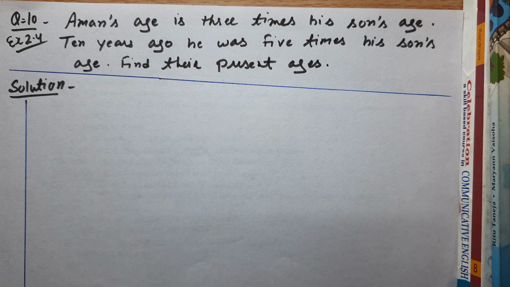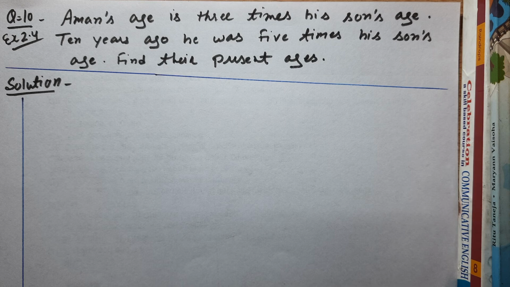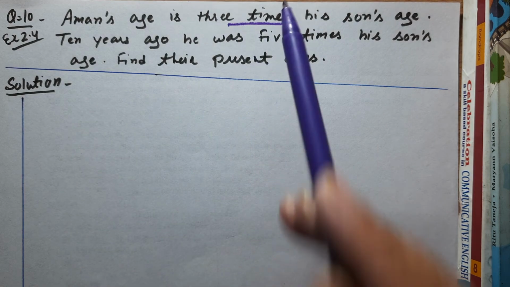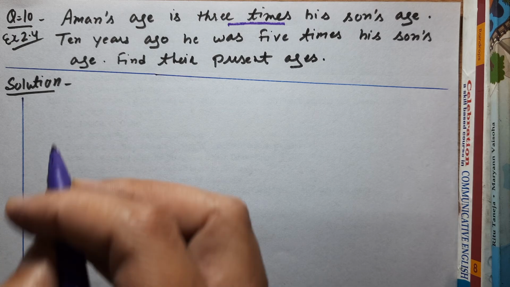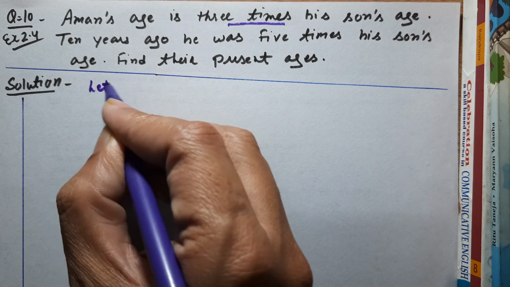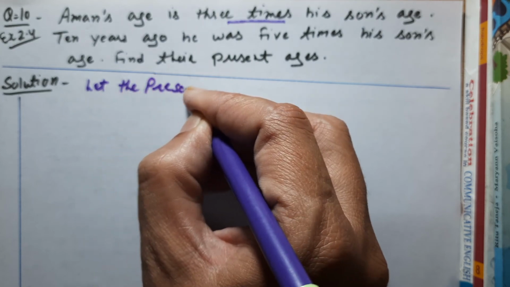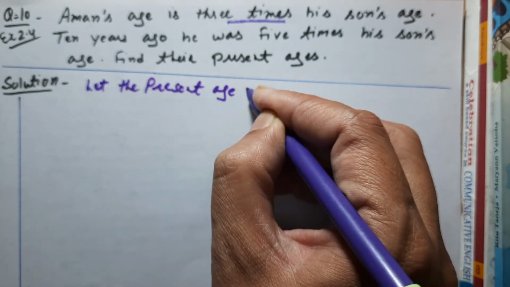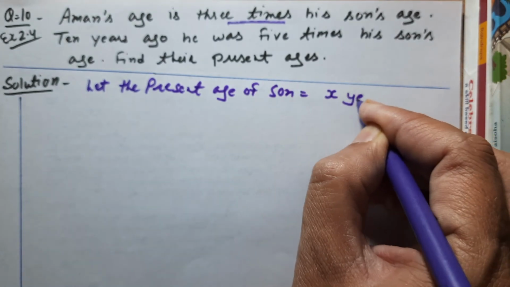Now children, we are moving on to the 10th question. It is also an age problem. Just understand the statement. Aman's age is 3 times his son's age. We have to find their present ages. So let's suppose the present age of the son is x years.